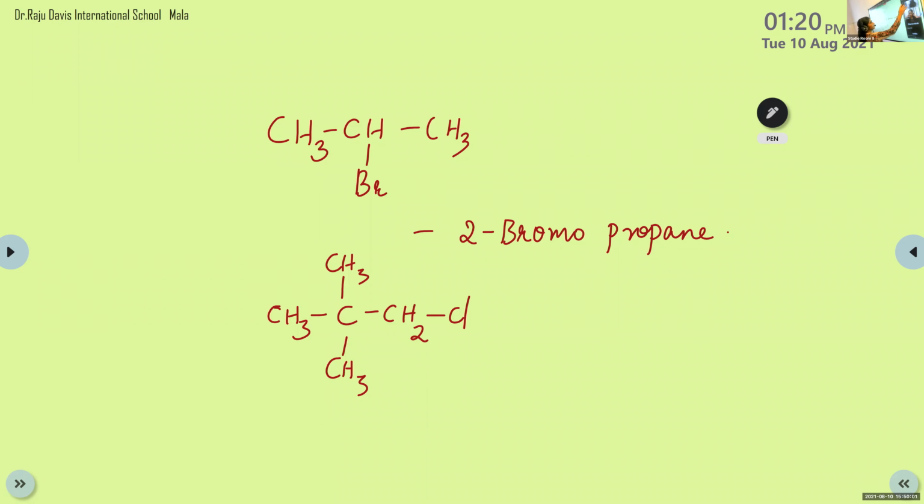Dia, can you tell me? Yeah, here the chloro group is also a substituent. Then two methyl groups are there. Which one will be written first? 2. Yeah, 2.